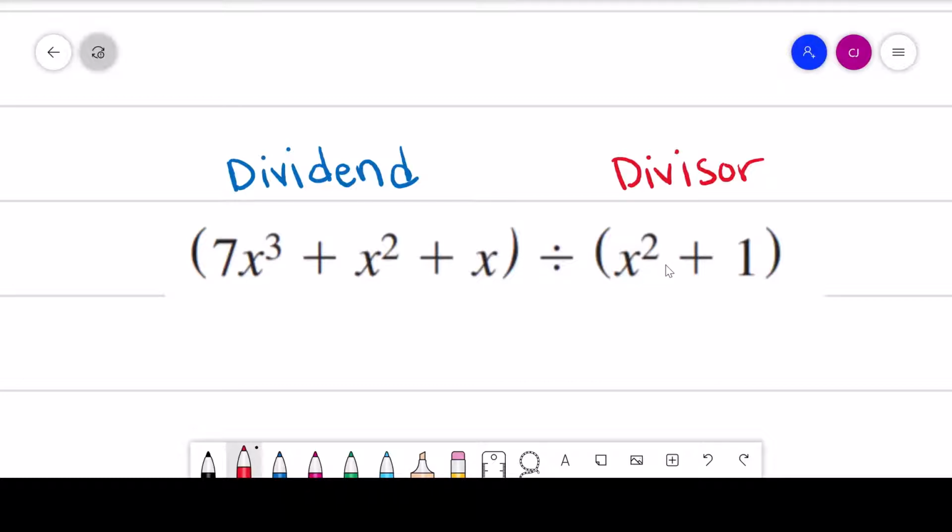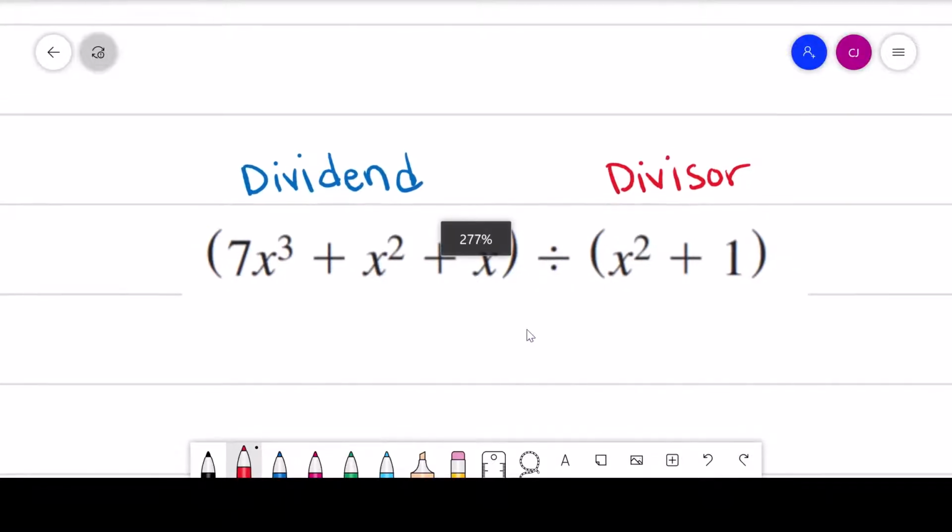The next thing that you want to do is make sure that your expressions are in standard form and they have all the required terms, meaning that your exponents are in descending order. So if you look at the dividend, you have 7x to the third, then you have x to the second, and then you have x to the first, but you're missing the integer, or x to the 0 power, which we don't usually call it that way, but you are missing a term in this expression.